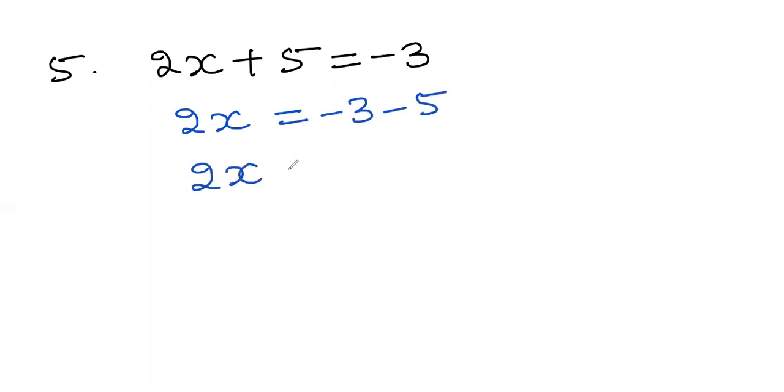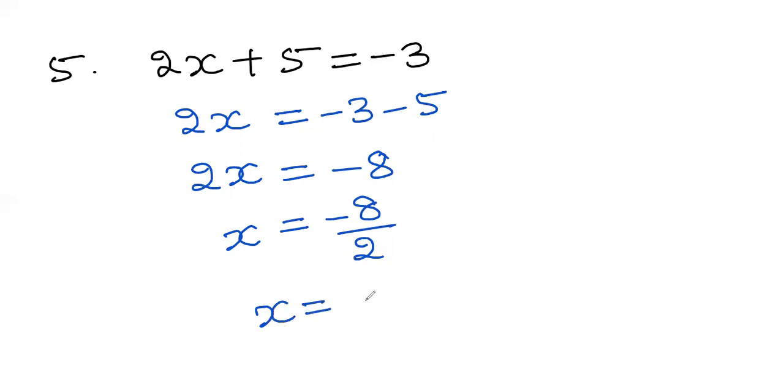So minus 3 minus 5 gives you minus 8. And now it is 2 times x equal to minus 8. So times, when it goes on the other side, becomes division. So that means we have to divide by 2. So minus 8 divided by 2 is going to give you minus 4. This will be the answer to this question.